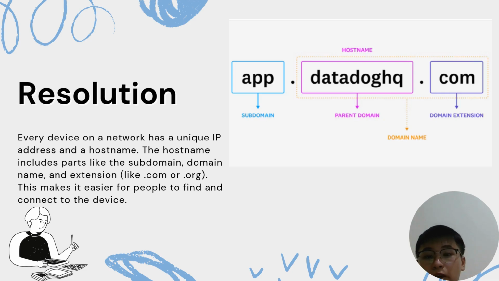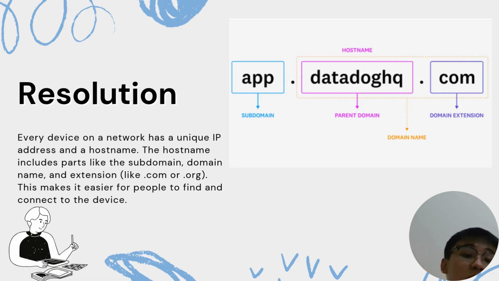Every device on a network has a unique IP address and a host name. As we know, the host name includes parts like the subdomain, domain name, and extension, for example, .com or .org. So based on this diagram, we can see app.data.doghq.com.